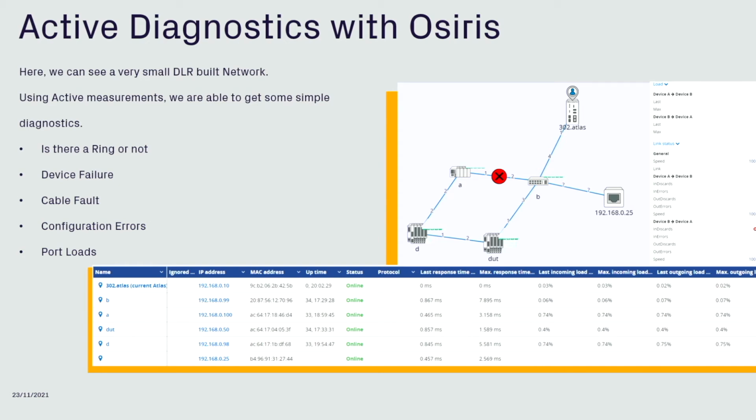So we need to check that very well. But also things like device failures, configuration errors, port loads, like I said, and also the switches can tell you if their ring is failing or not, their particular connection in their ring. So it's important that you identify if the ring is about to fail or has failed.